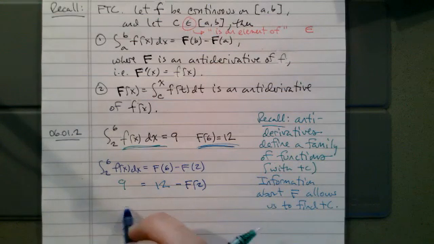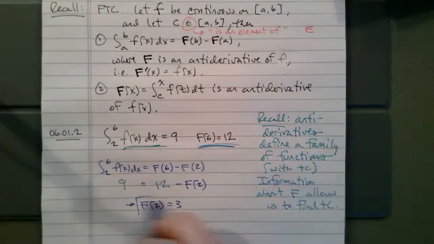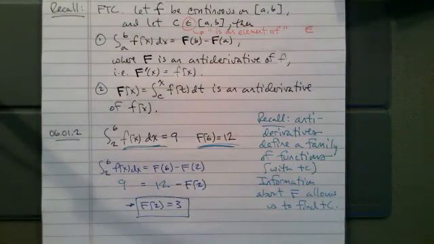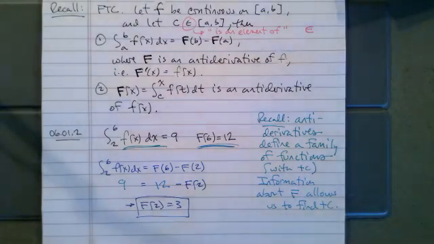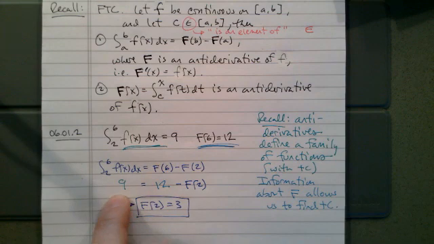So this tells us that capital F of 2 must be equal to 3. We were told where we ended up. We were told how much things have changed, so we can go backwards and figure out where we started. Any questions?